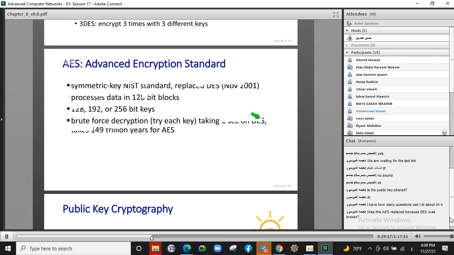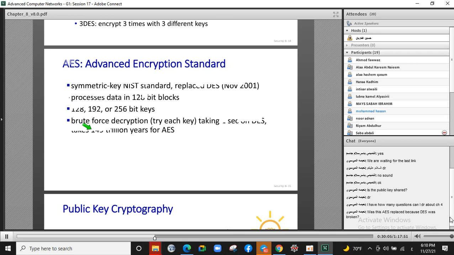Here we can see that if DES needs only 1 second to decrypt the message, for AES we need 149 trillion years to decrypt the texts which are encrypted by AES.